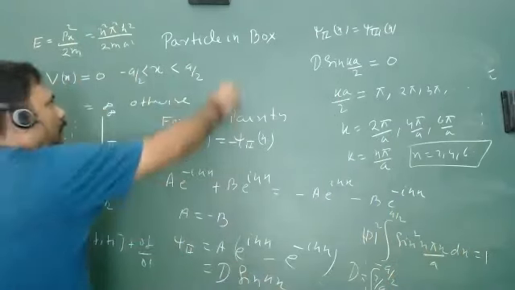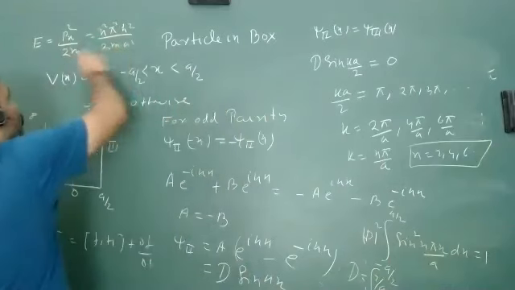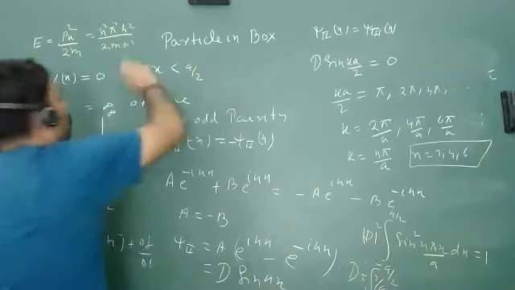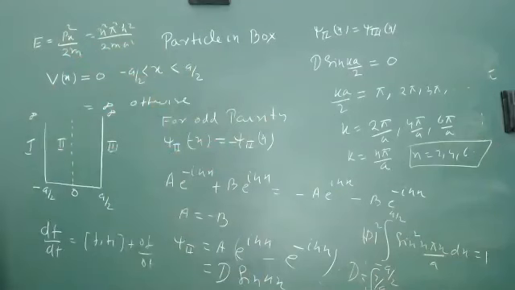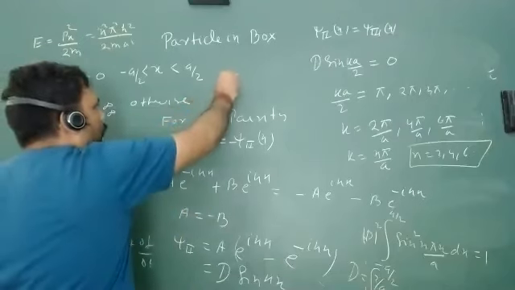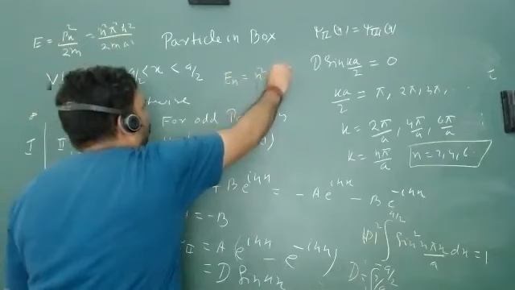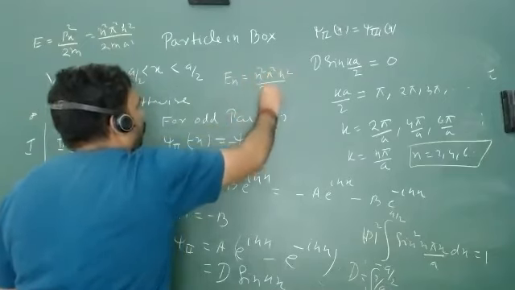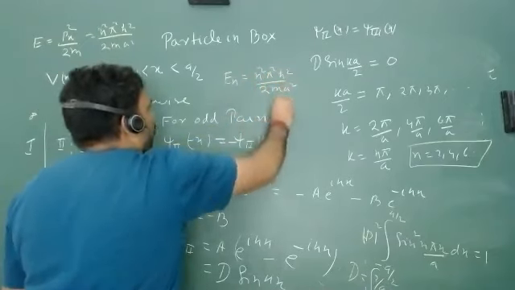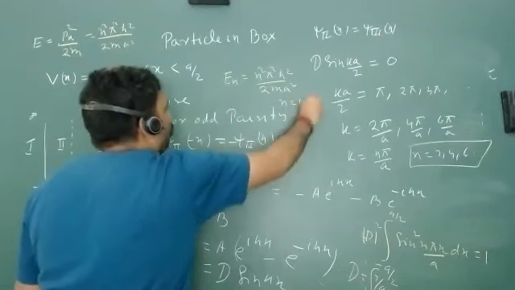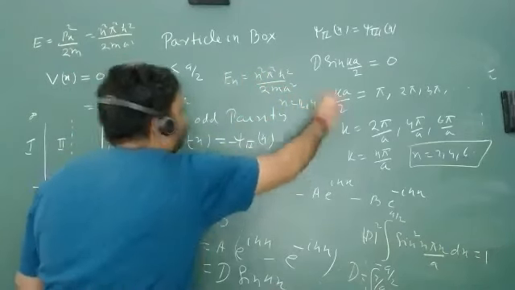And what should be the energy? The energy uses the same formula, but right now n will be 2, 4, 6, and so on. En is equal to n square pi square h cut square upon 2ma square, for odd parity, where n is equal to 2, 4, 6, and so on.